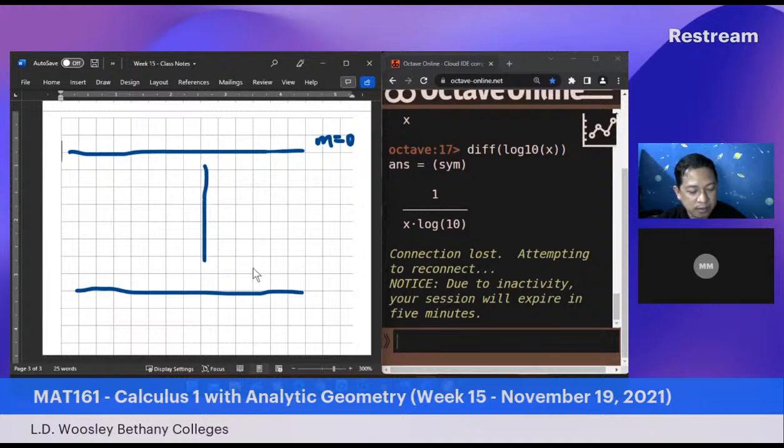Ano slope niya? Kung slope ng horizontal ay 0, anong slope ng vertical line?